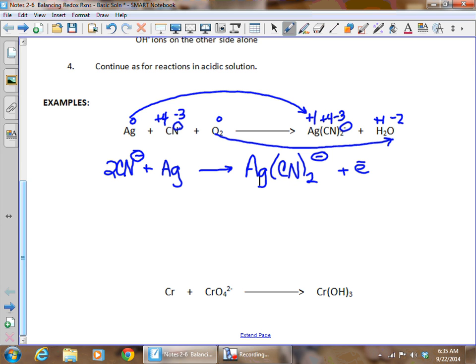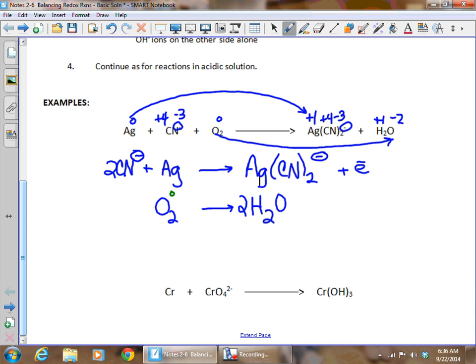Our oxygen then, O2, we cannot further break down the H2O. It's got to stay H2O. So the first thing we've got to do is get our oxygens balanced by mass. And so we're going to need a 2 in front of that H2O to get 2 oxygens on both sides. Now remember, we're going from a 0 for our oxygen's oxidation number.